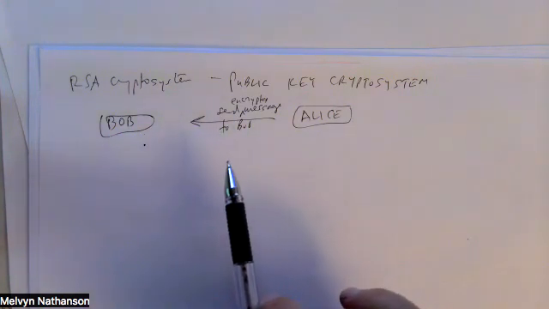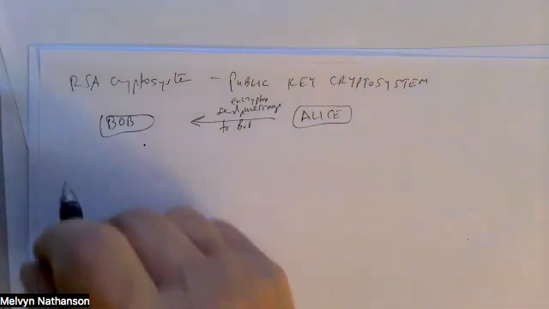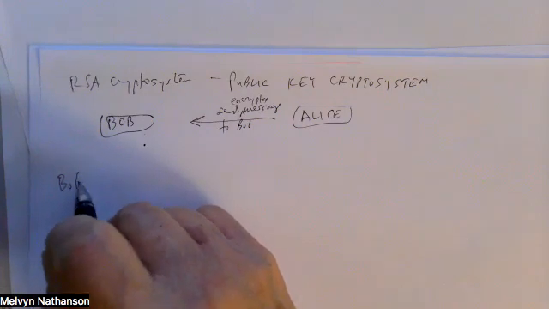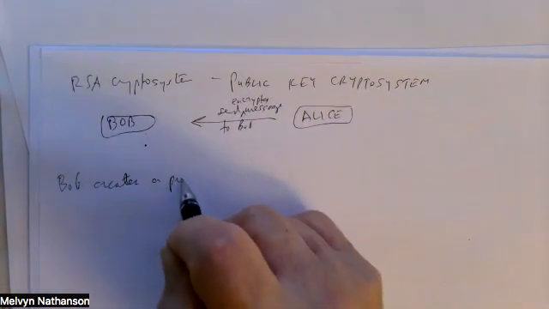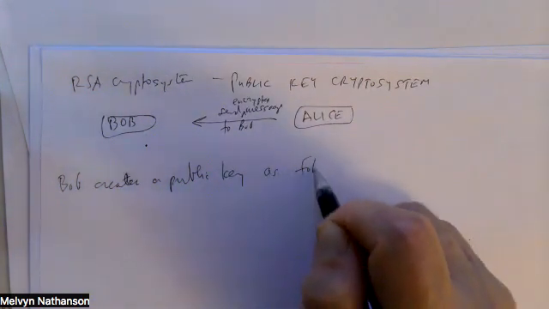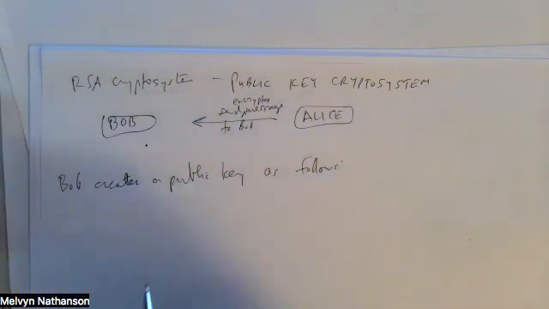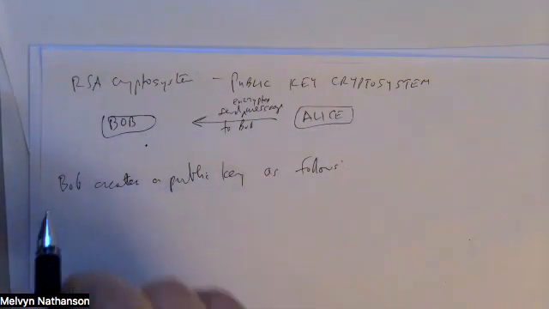How does she encrypt it? So here is the key creation. Bob creates a public key as follows.